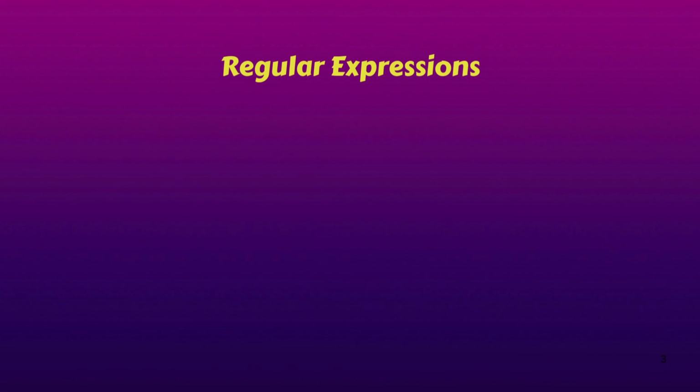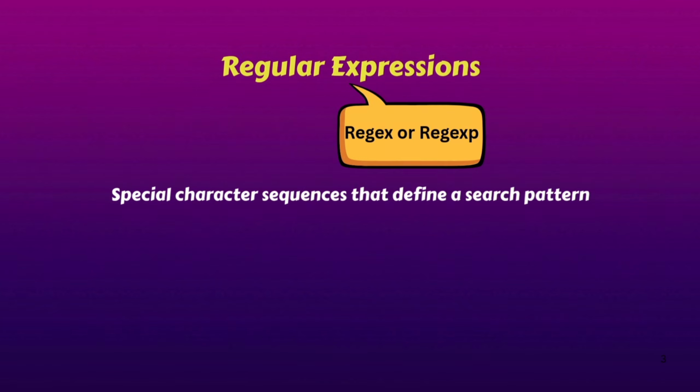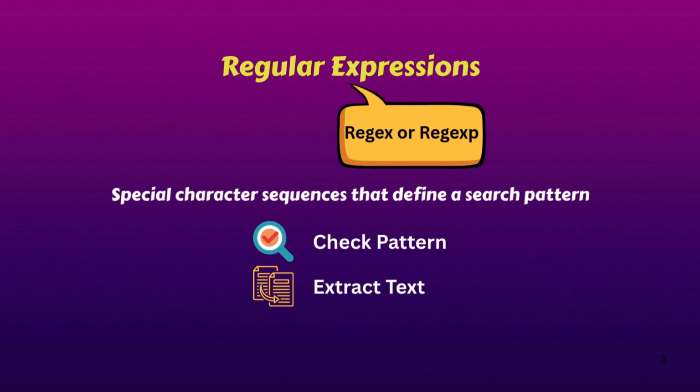Regular expressions, often called regex or regexp, are special character sequences that define a search pattern. We can use them to check whether a text matches a particular pattern, extract parts of it, or replace it. Think of them as a super powerful find and replace tool.